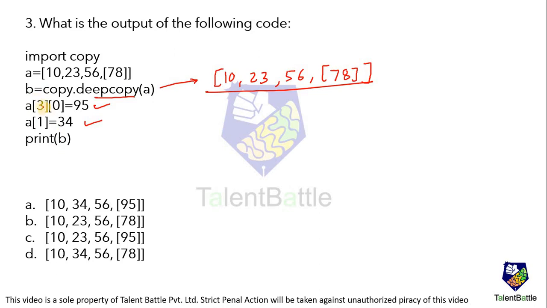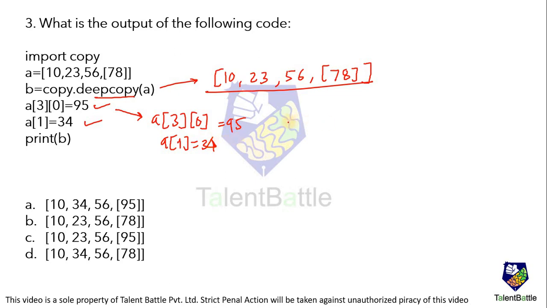But after that we are modifying A here by 30. So due to this modification, A is going to get modified. See, A of 30 means you are targeting index 3 and the sub-index, or index within index, that is 0, which will be changed to 95, and A of 1 will be changed to 34.